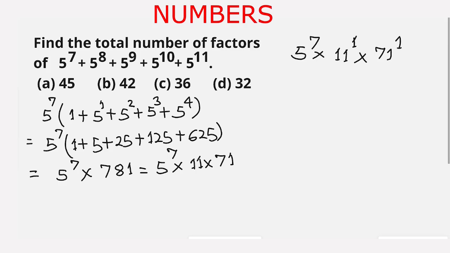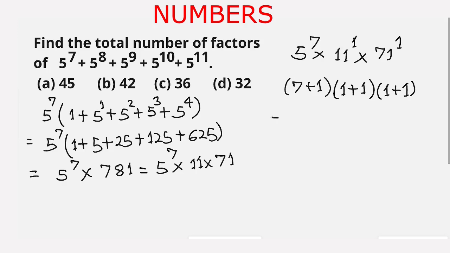Now number of factors will be, we have to add 1 to each power of prime factors, and the power of 5 is 7. So we write 7 plus 1 multiplied by power of 11 is 1. So we write 1 plus 1, and power of 71 is 1. So it is again 1 plus 1.